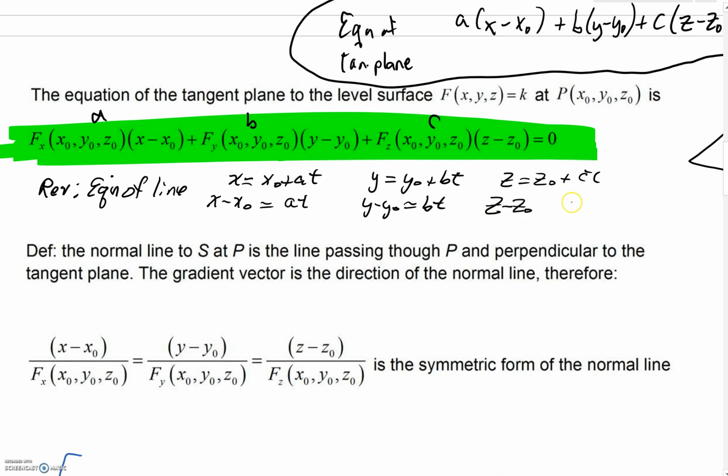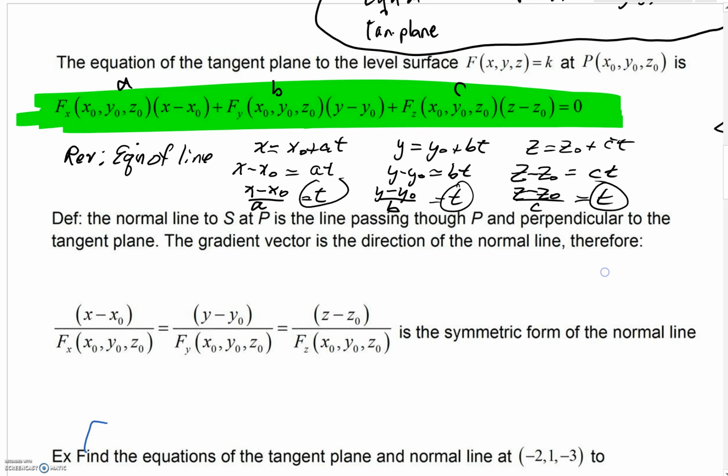And remember, the a, b, and c were really the components of the direction vector of our line. So look, we could very quickly see that this is y minus y naught all over b. This is z minus z naught all over c. And all of these t's together could be set equal.